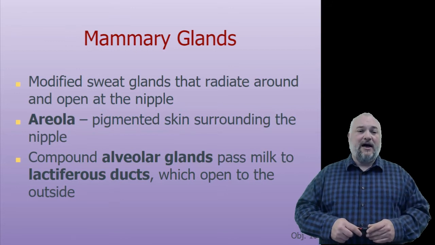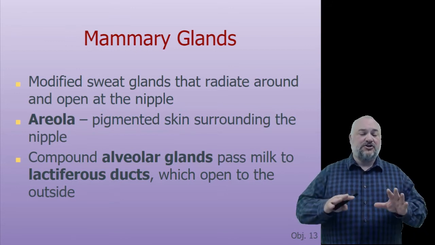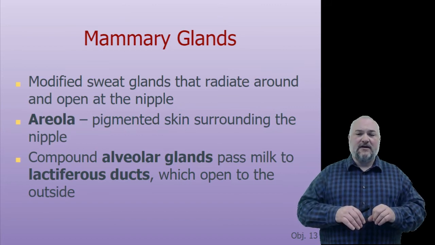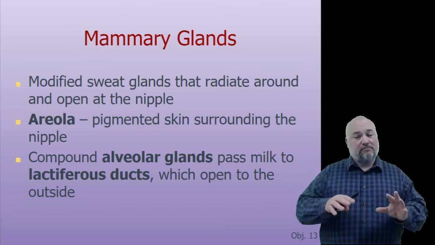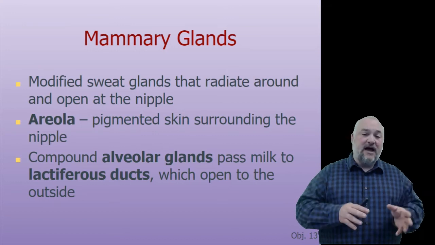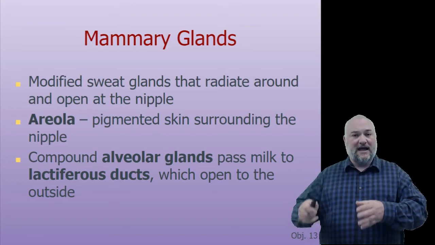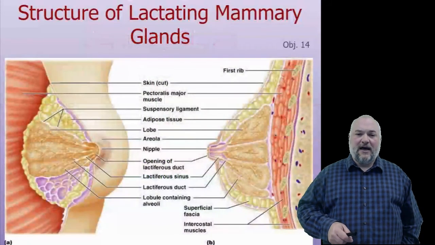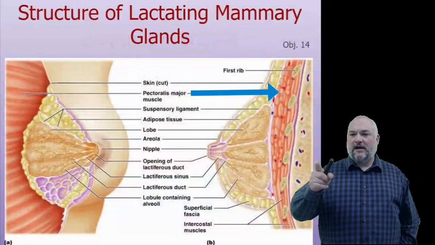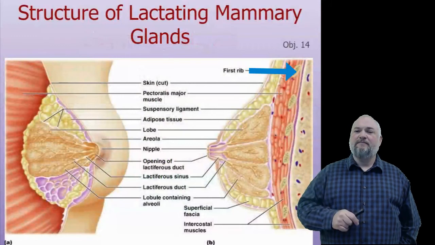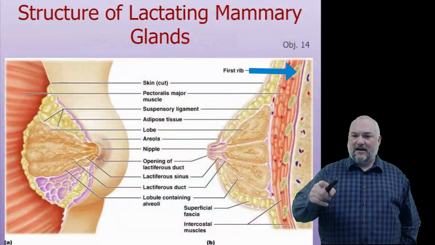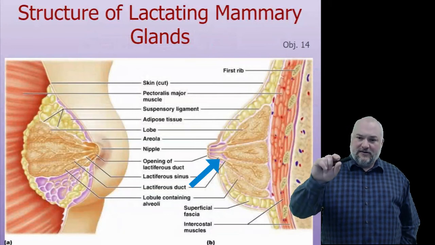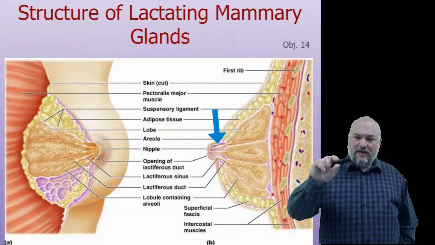Now, the areola is the pigmented skin surrounding the nipple itself, and then you have the compound alveolar glands, which produce milk, and then pass it to the lactiferous ducts, which then open to the outside at the nipple. And so here we can see a good cross-section of that. On the right, we can see the pectoral muscles and the ribs, and then we can see those lactiferous glands, lactiferous ducts. We can see the little bulbs in the nipple.